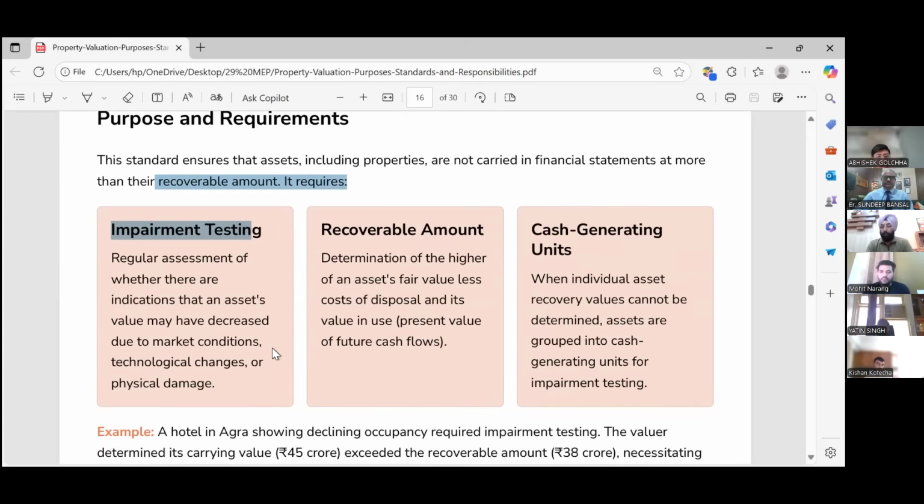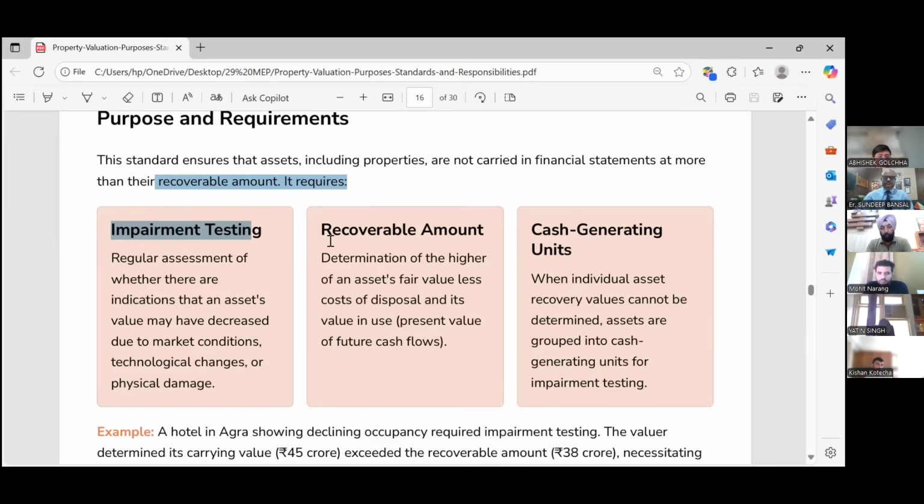And this is what you have to do. As a valuer, you have to find out whether the asset's value has decreased due to market conditions, technological changes, or physical damage.